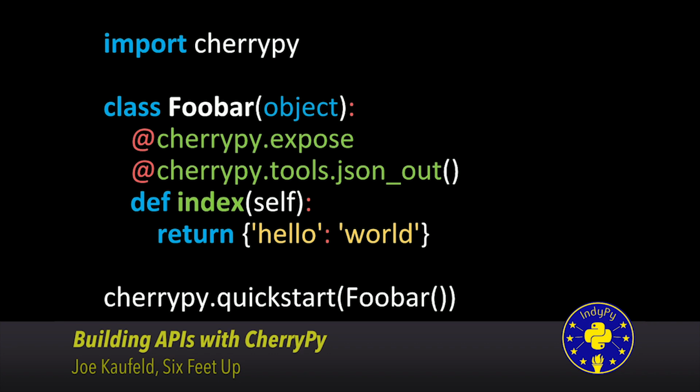So you can define your own tools. We're actually going to do that later because it's super easy and it's cool. But CherryPy has a lot of really awesome default tools. Things like defining a folder to upload files from or download files from.